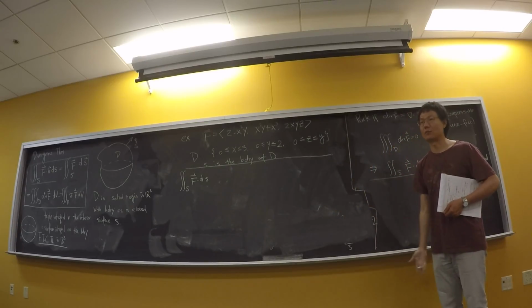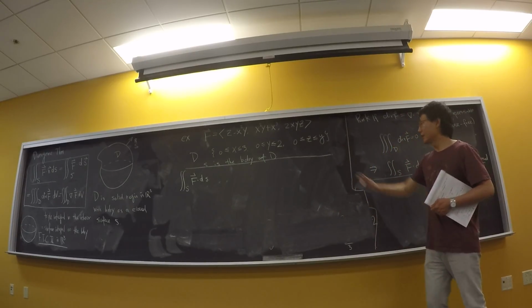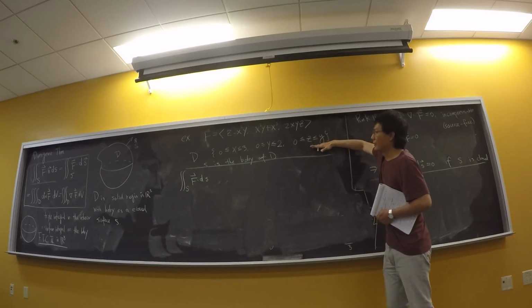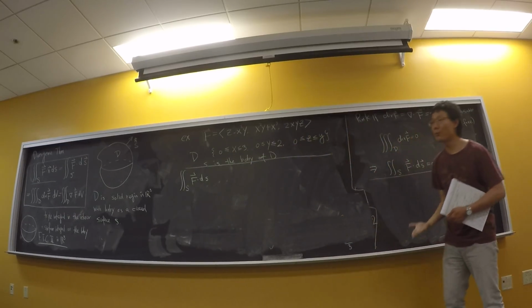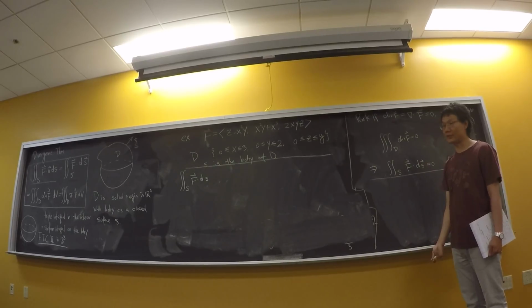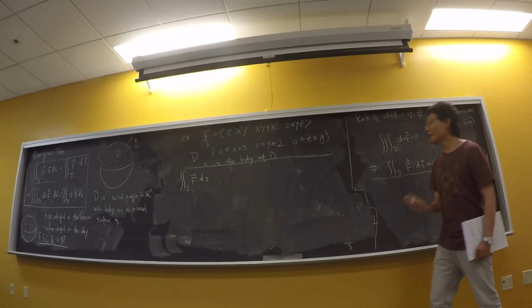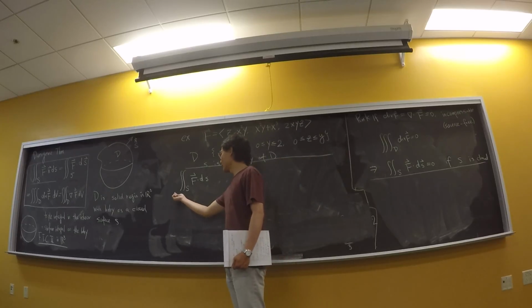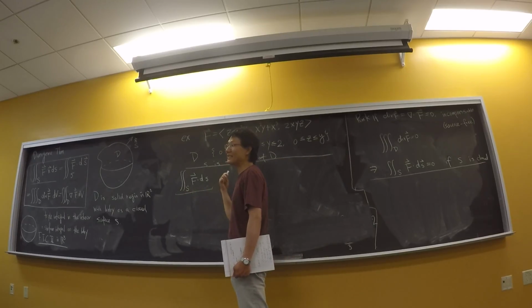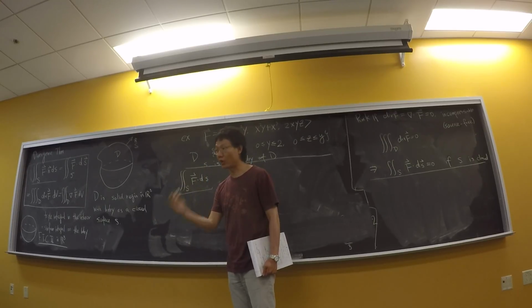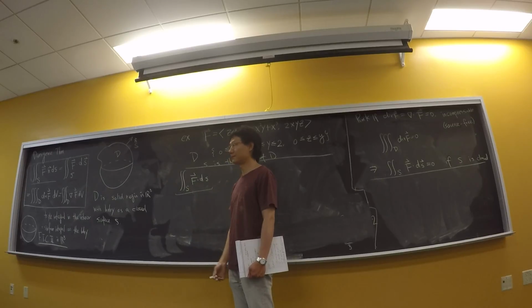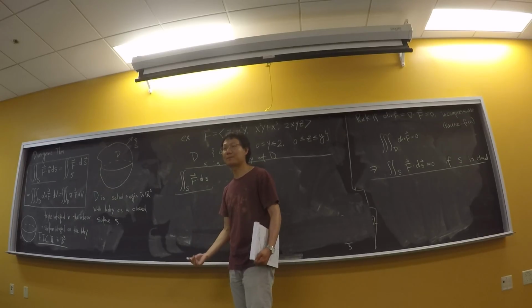Remember, these are all planes, and these are also bounded on the xy plane. So you get a whole bunch of planes as the boundary of this region, which means if you want to take the surface integral as it is, you need to divide it into each plane with the corresponding normal, and then sum them together, which is not easy.